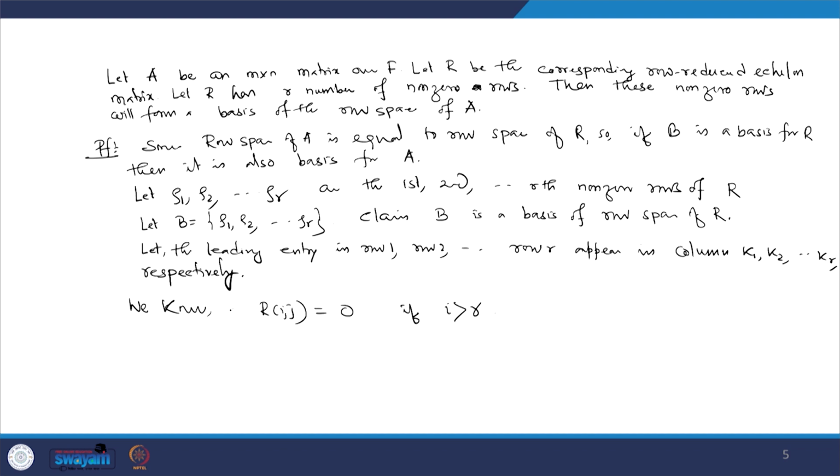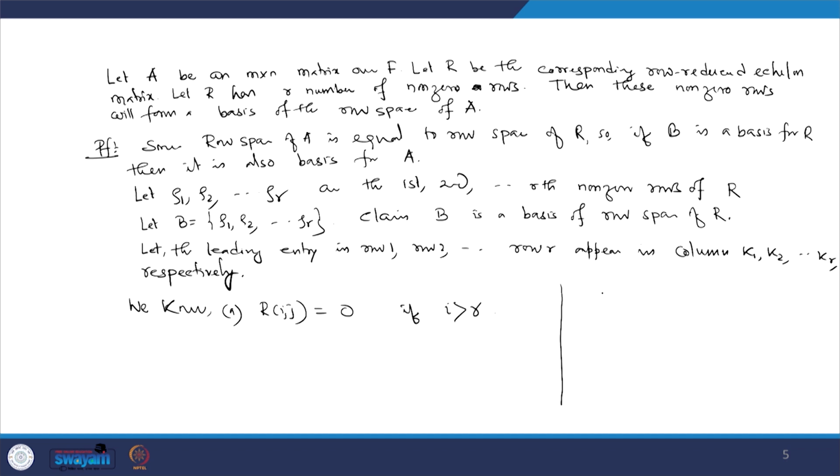This is the condition for the row reduced echelon matrix: R_ij equal to 0 if i is greater than r. I can parallelly take an example so that we can visualize this concept.